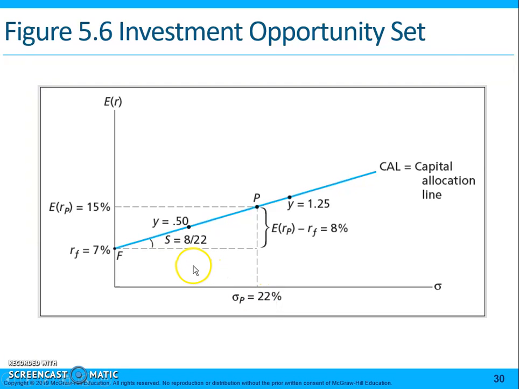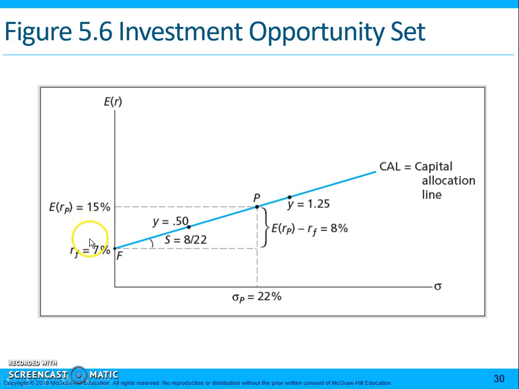So if we look at 50-50, we're splitting evenly. It would be a split of 50% in the risk-free asset and 50% in the risky portfolio.